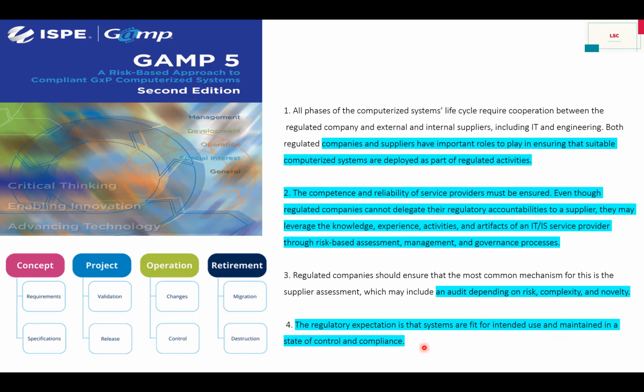These are the key points written in GAMP 5, and we easily understand that in all the phases of the computer life cycle, we need support from the supplier. And definitely, if the supplier has good knowledge and compliance level, we can develop our confidence to the next level of our expectation, and we achieve the compliance state of our GxP system.